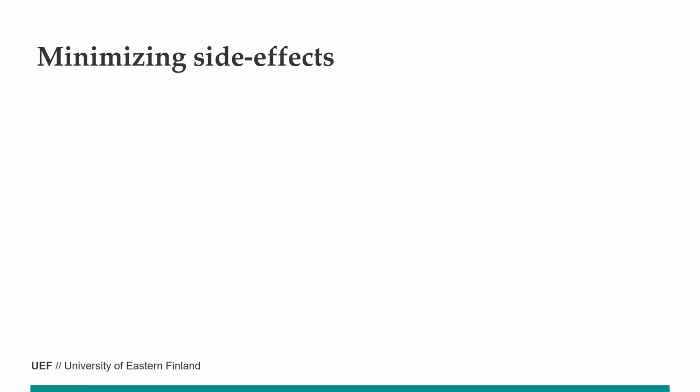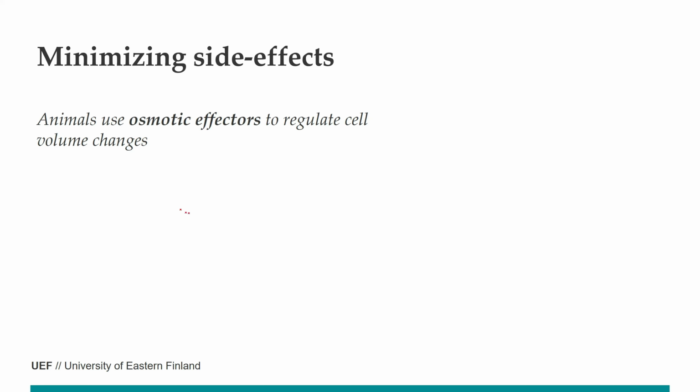Then how can we minimize the side effects? The problem is that when you have anything more in the cell, that might affect different processes. And that's why they are using osmotic effectors to regulate, something that is not regulating other things.